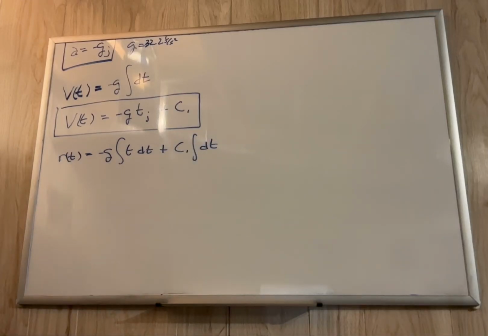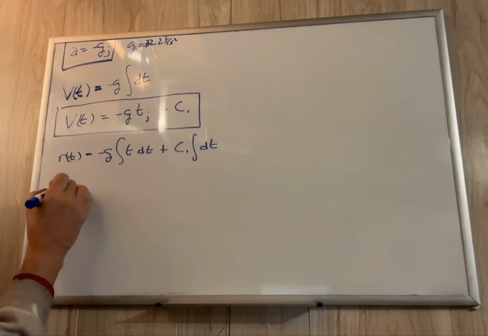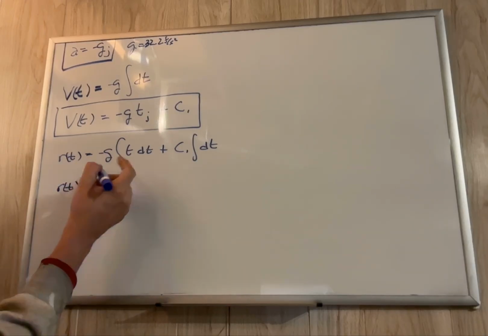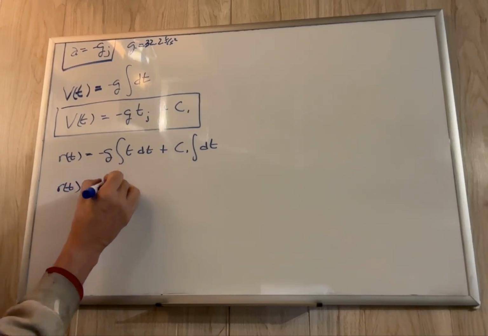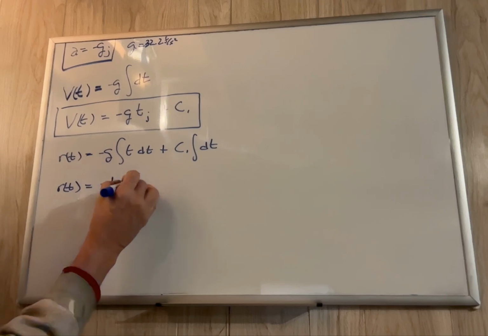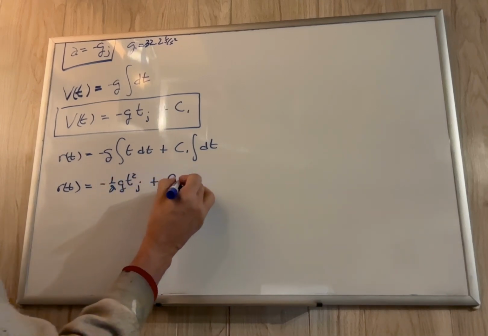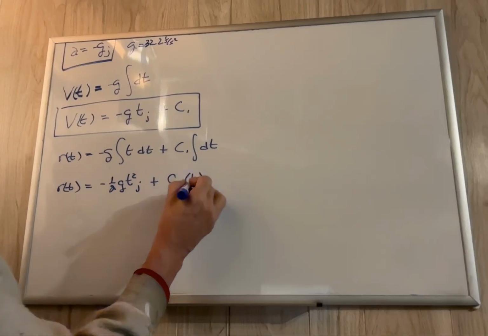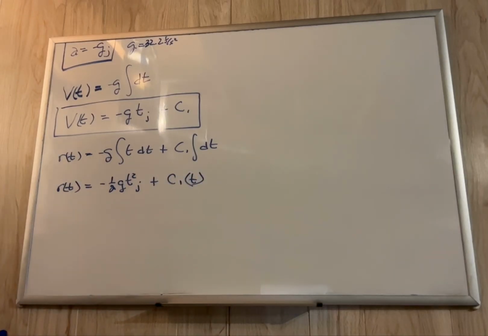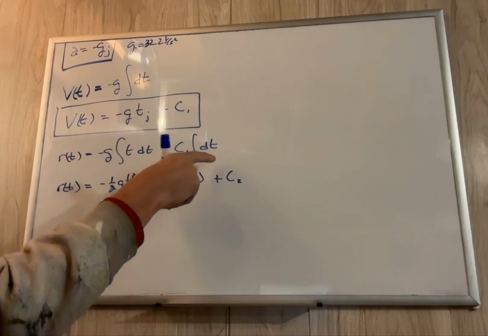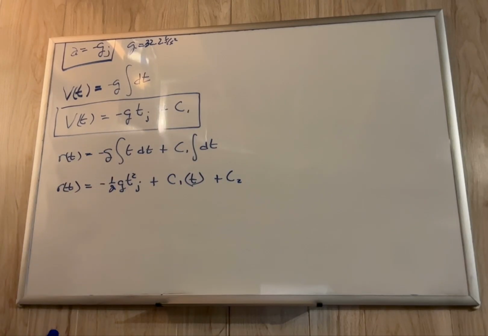Again, two very simple integrals, nothing difficult here at all. r of t is going to end up equaling negative 1/2 g t squared in the j direction plus c1 times t plus c2. Since there are no boundaries in this integral, we have to add another constant.